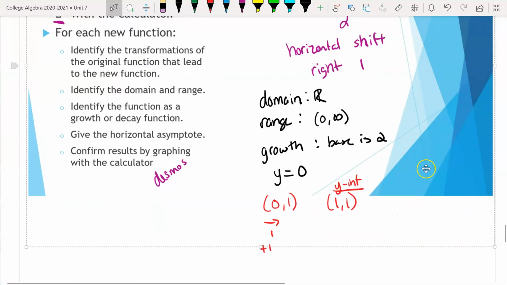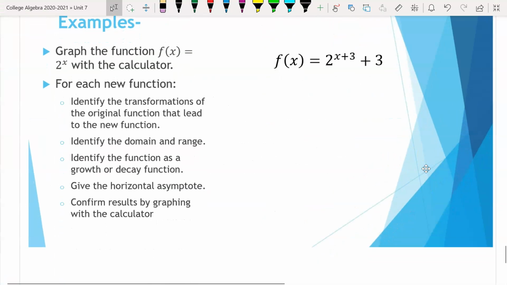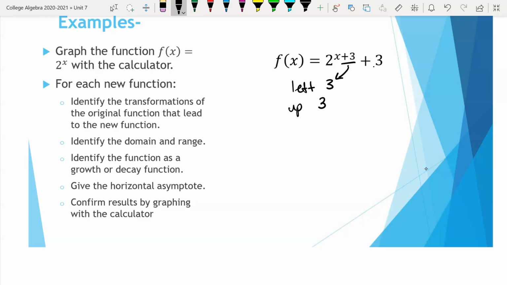So then the last thing we do is something with a little more transformations in it. It's still 2 to the x, but now we're going to move it left 3 and up 3. Left 3, up 3. Your domain is not going to change, so it's going to be all real numbers.